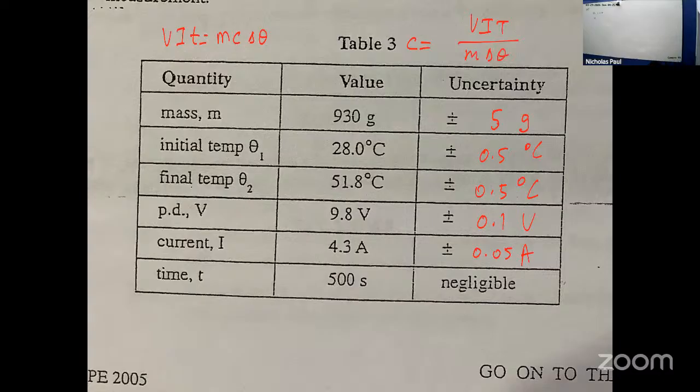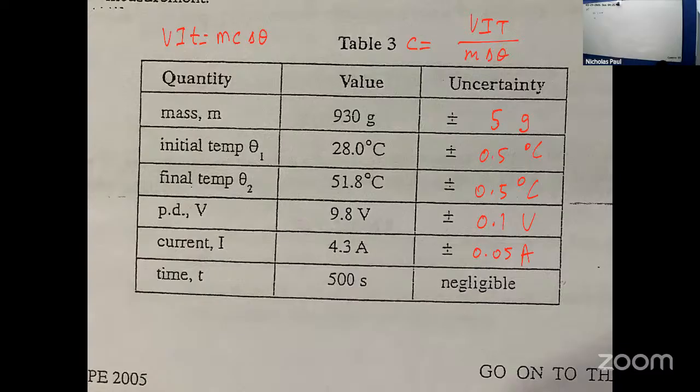There's one little thing I don't know if you remember. Can anybody tell me what is the uncertainty in delta theta? It's 1, not 0.5. Why?